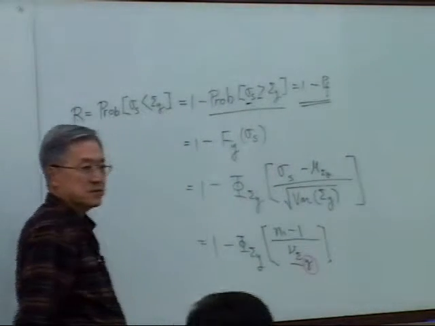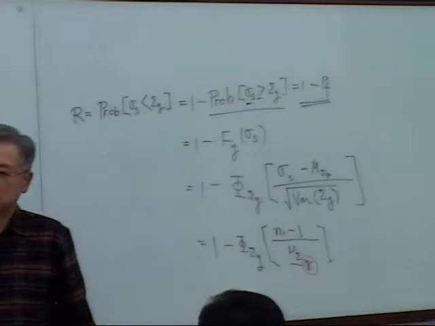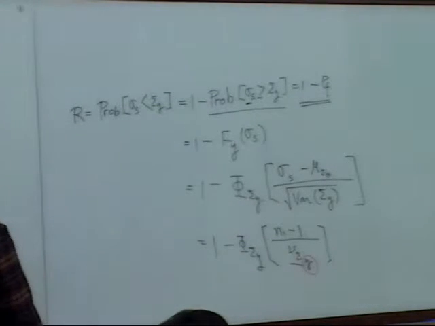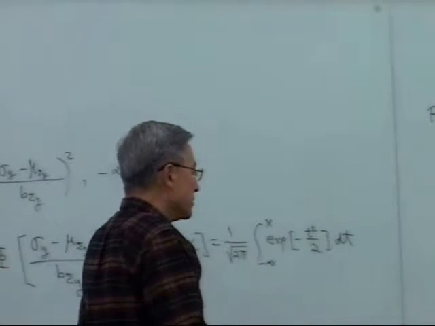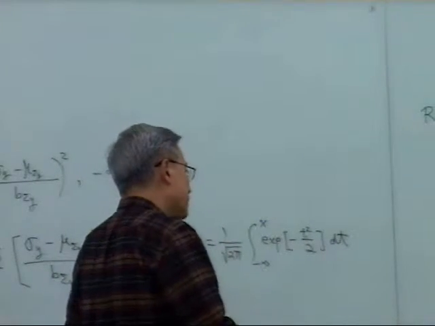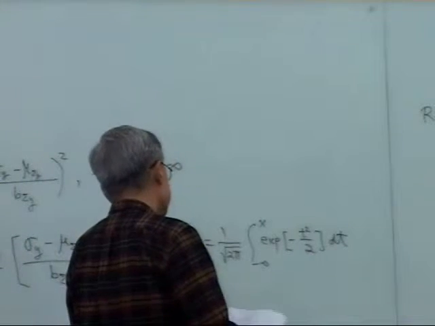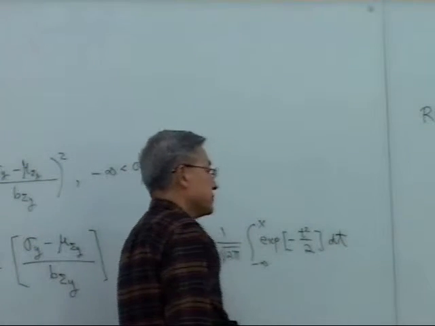As the formulation is done, you can compute the reliability. Target is to compute the probability of the survivor, or reliability, or the complement is the probability of the failure.